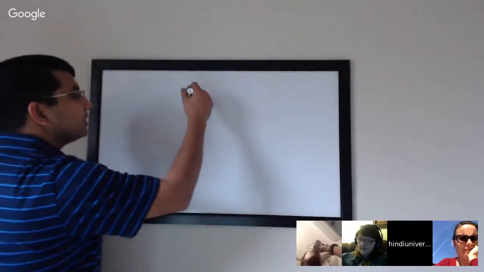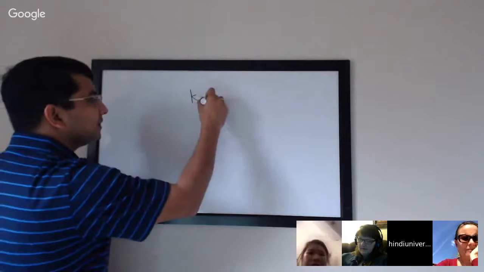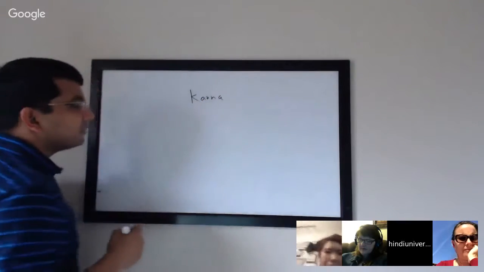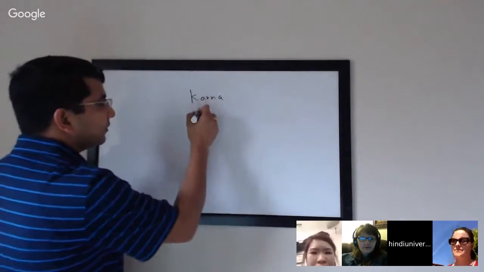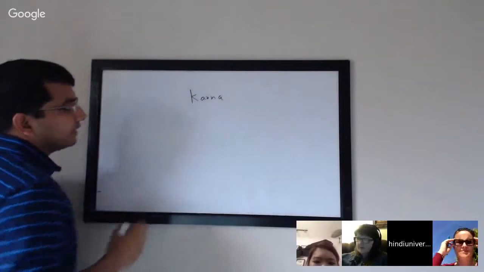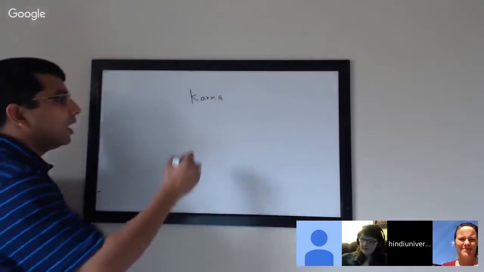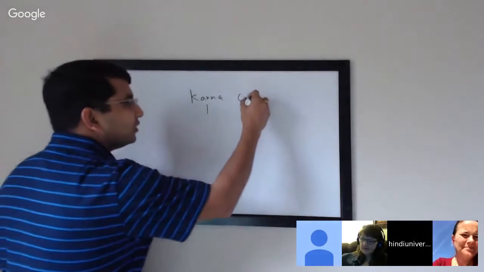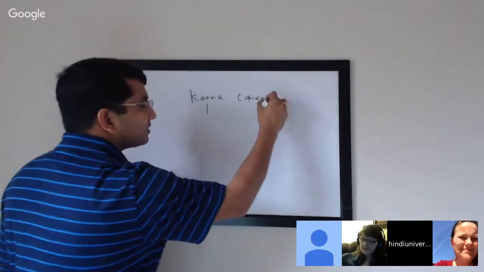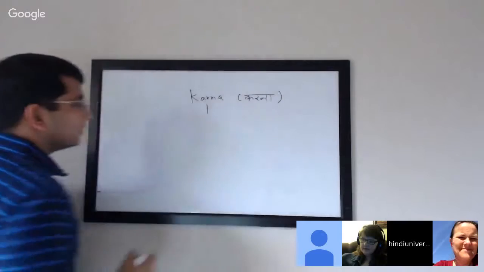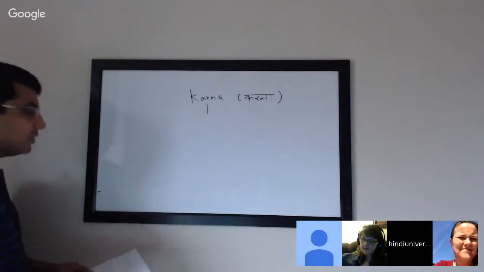Some of you who joined the last class may recall that when we started, we said that using karna in the present tense is rather simple: you say karta hu, karti hu, karte hain. However, when you're using karna in the past tense, there are four different forms that can be used.